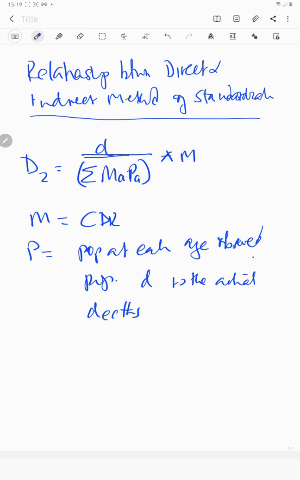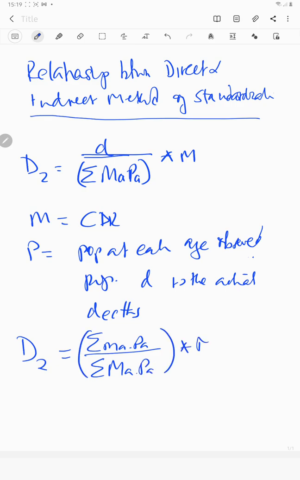Therefore, we can finalize to say D2 can be the same as summation of small m PA over summation of capital M and PA, and this one multiplied by M.